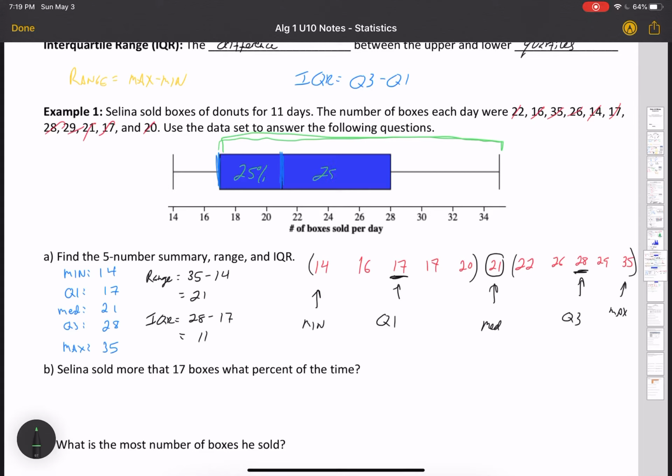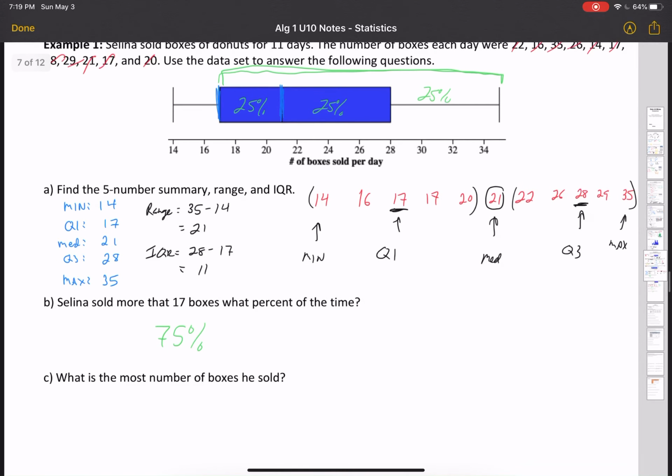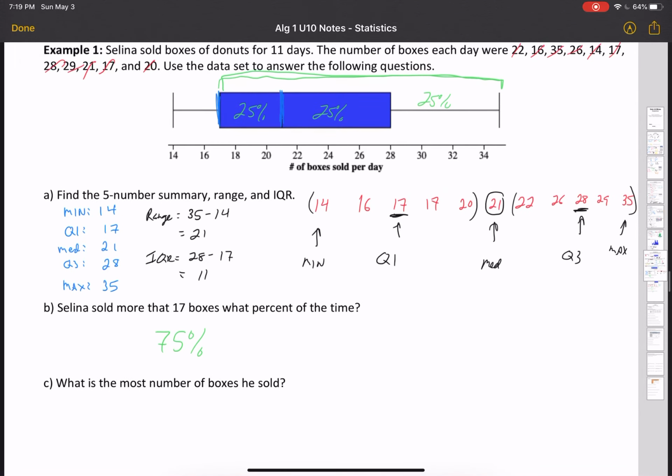That's 25%, that's 25%, that's 25%. So Selena sold more than 17 boxes 75% of the time. What is the most number of boxes sold? That's your max. And the max was 35 boxes.